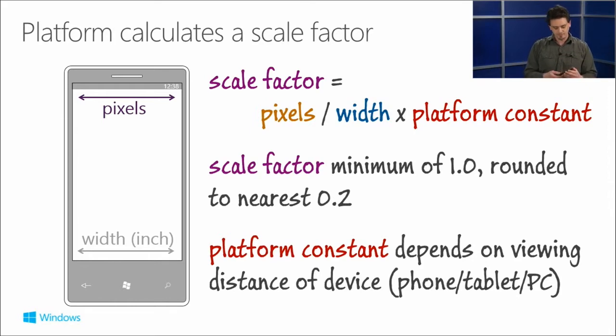Well, I've got a phone here, a small phone or a big phone. I'm probably holding it about 18 inches from my eyes. That makes the physical size of the device not as important as how I perceive the size at 18 inches from my face. I have a Surface tablet here. It's a 10-inch device, but I'm going to hold it a little further away, maybe 2 feet, maybe 30 inches from my face.